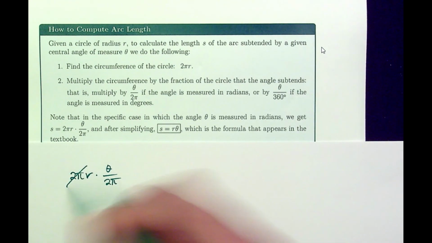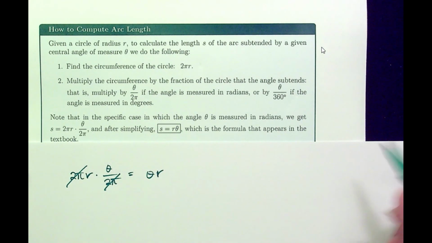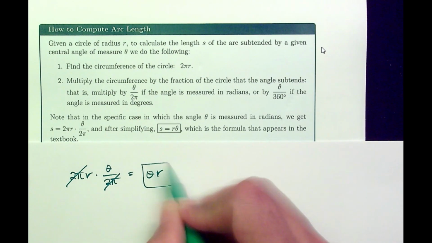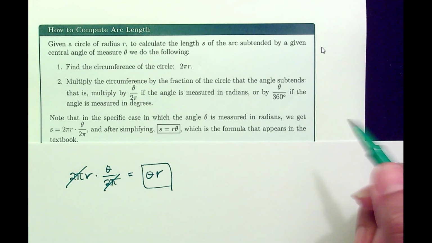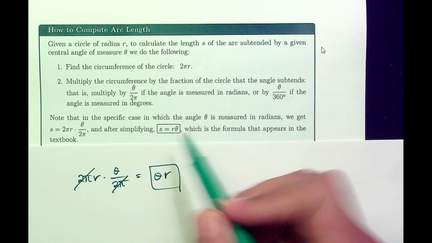Then you can cancel the 2 pi, and the length of that arc would be theta times r, or r theta. That's a formula in the book.